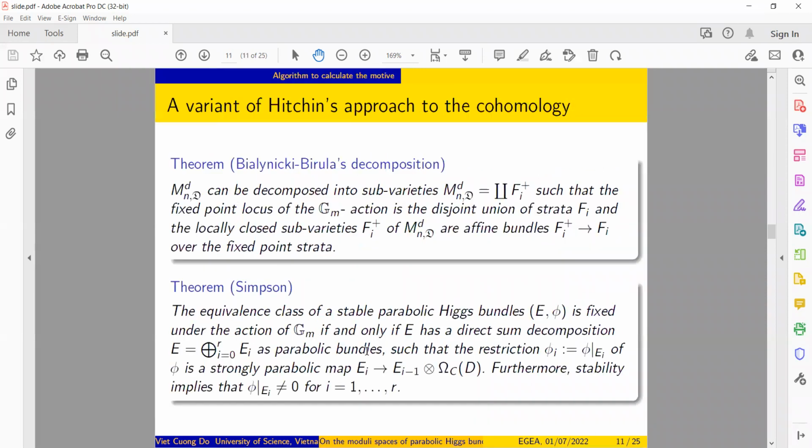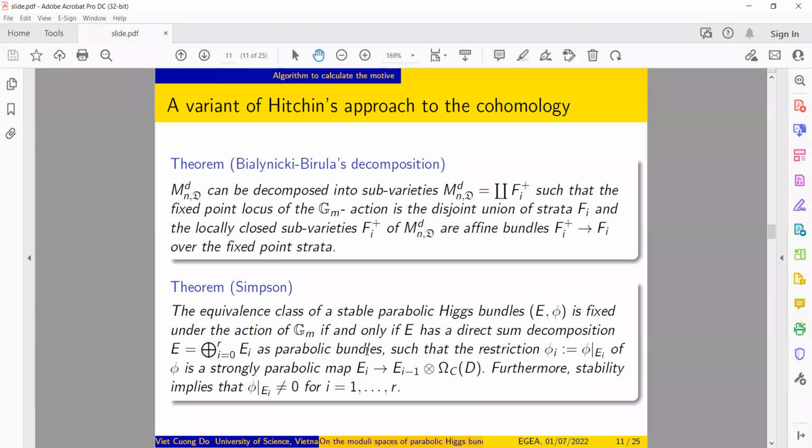A very naive approach to do my calculation is to use a variant of Hitchin's approach to the cohomology. I reuse the approach of Hitchin for the case of rank 2.